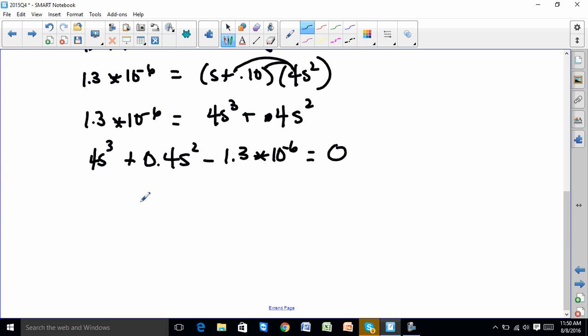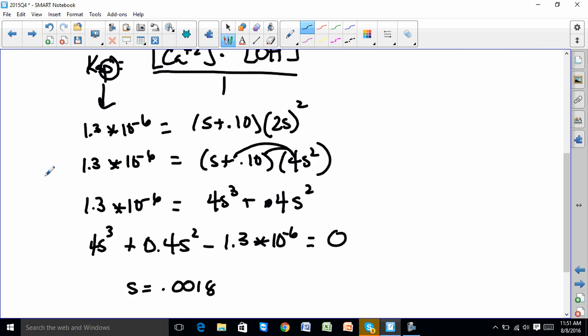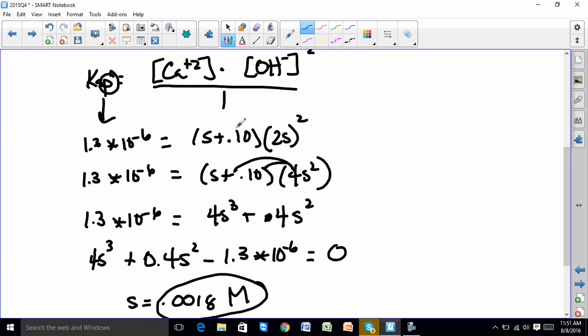And if you put this into solver, S comes out to be 0.0018. If you go back to your chart, we're looking for the solubility. S stands for solubility. So 0.0018 molar, and that's the answer. If you do the algebra and you use the approximation, you also get 0.0018. It's just that there's this 7% rule, and it gets all complicated, and when the solver got introduced, it saved a lot of work.